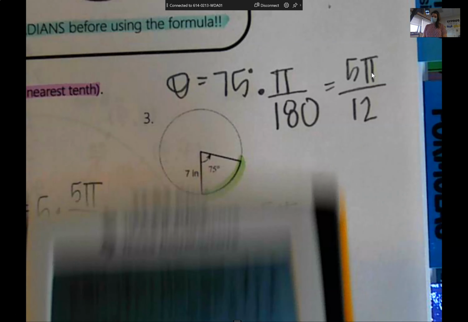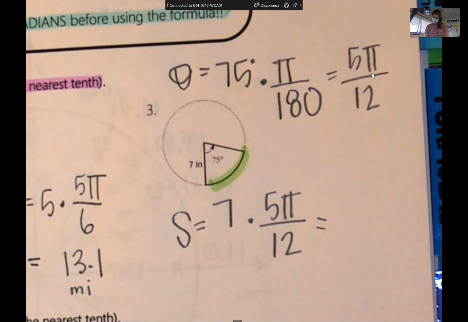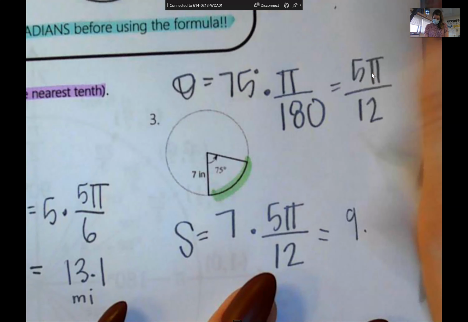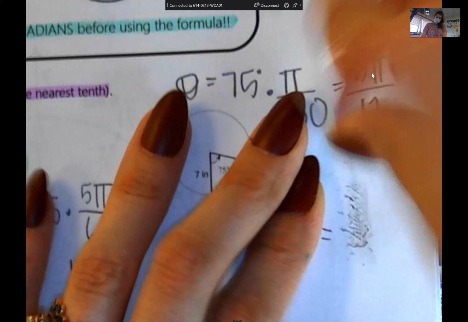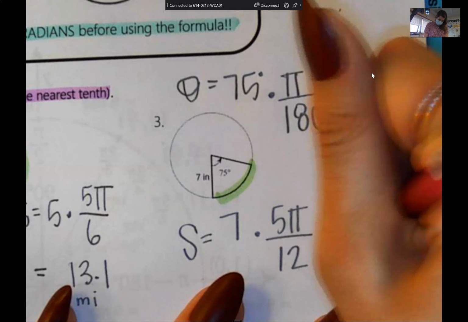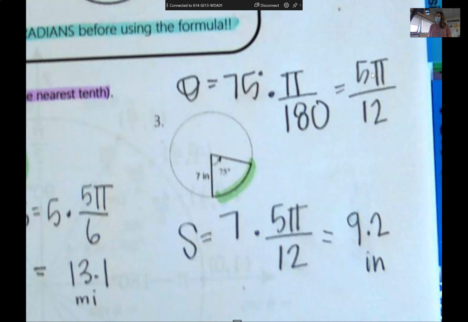Okay, I got 9.2. How about you guys? Great. Okay, now remember, this is arc length. It's the length of the crust. We don't have to put units in Canvas.